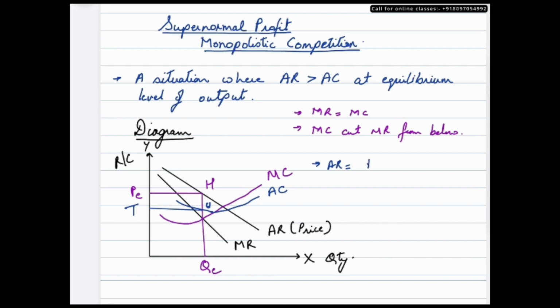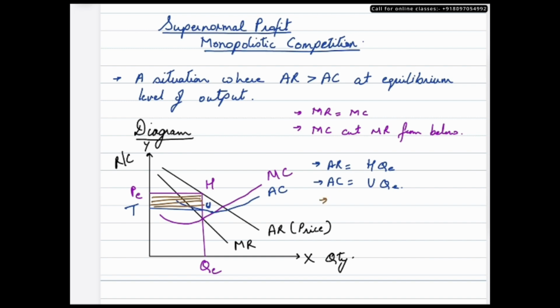It is equal to H QE, and average cost is equal to U QE, correct? At the point of equilibrium, this is the average cost and this is the average revenue. That means this whole segment that I am shading with brown is the supernormal profit.